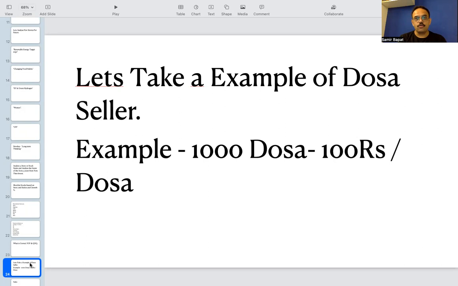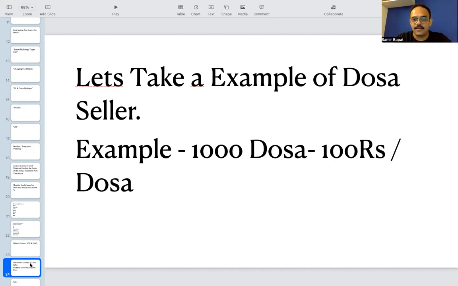Now my question to you all is, this 1 lakh rupees which he will earn by the end of the day by selling 1,000 dosas, is this his profit? Is the complete 1 lakh rupees his profit? Okay, how about others?